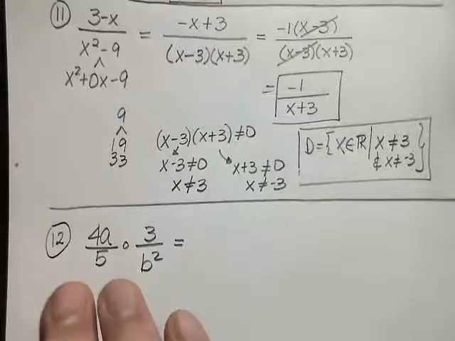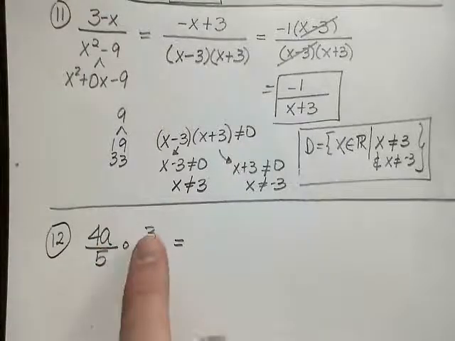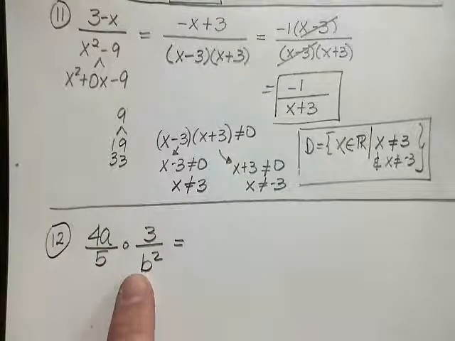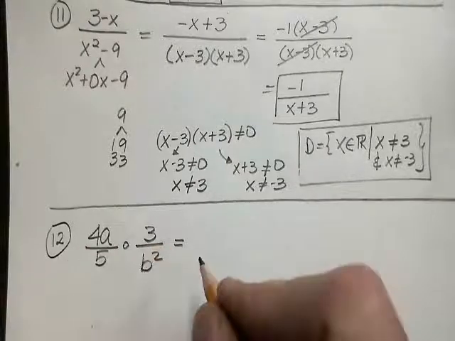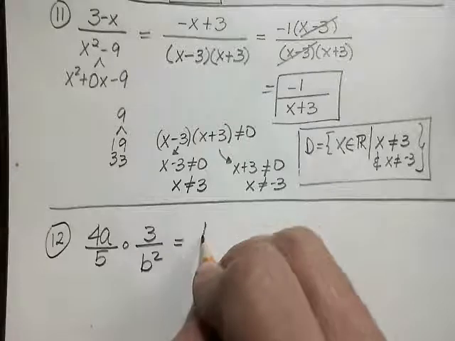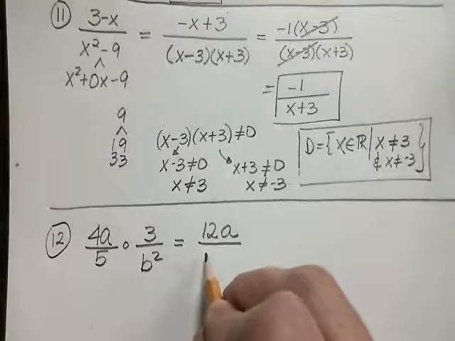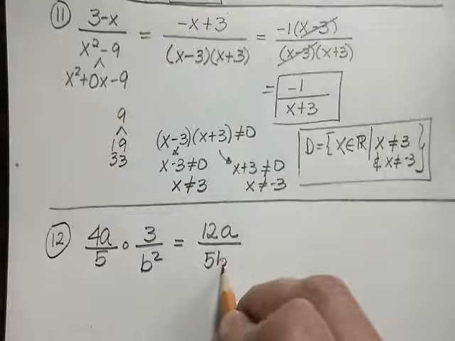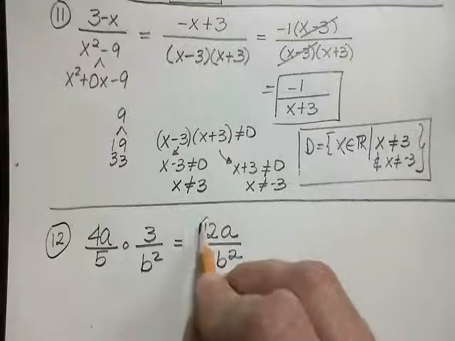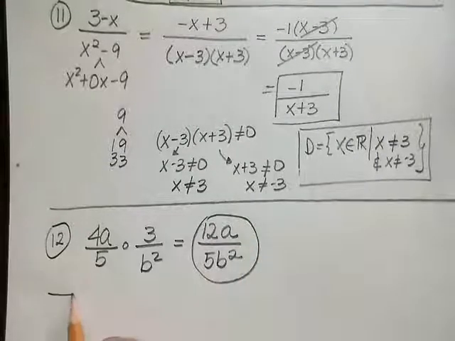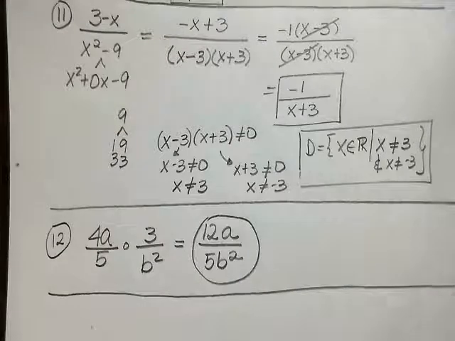And the answer is no. These are all monomials, like a single term. Is there anything I can cancel? No. So let's go ahead and multiply top with top. So it'll be 4 times 3 is 12a, and 5 times b squared would be 5b squared.